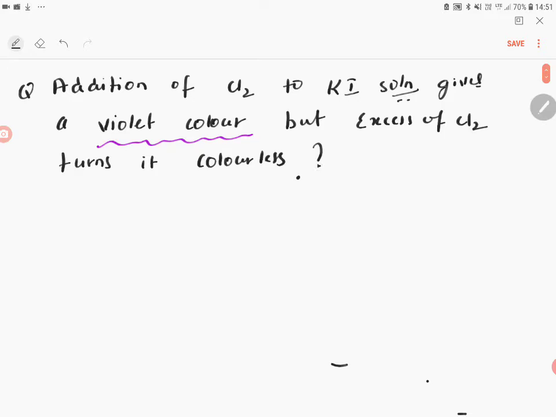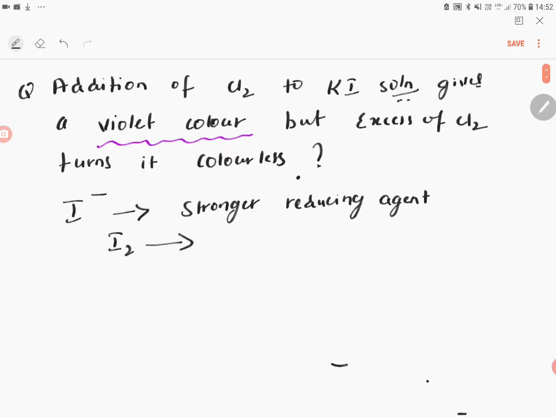What can be the idea behind this question? You have seen a slide of reactions. So understand that I minus is a stronger reducing agent because I2 is a weak oxidizing agent.